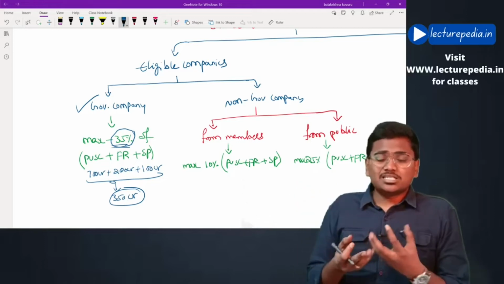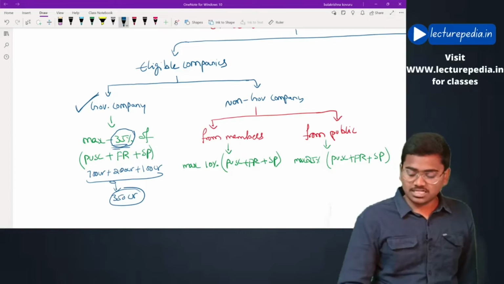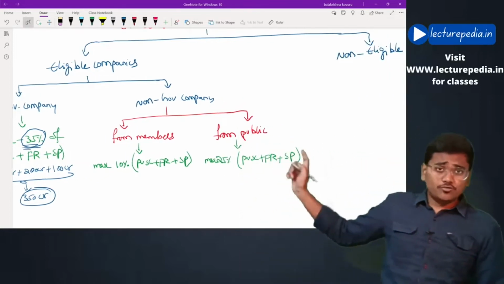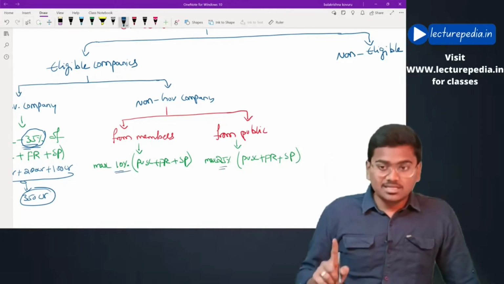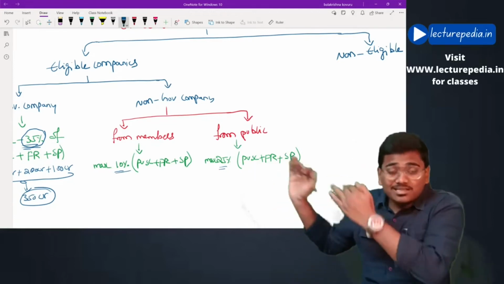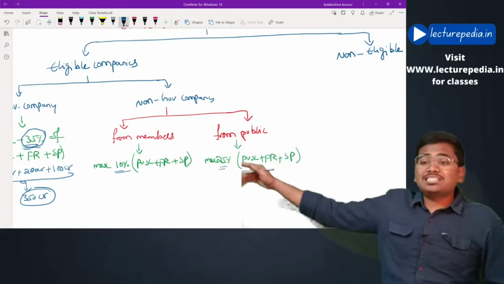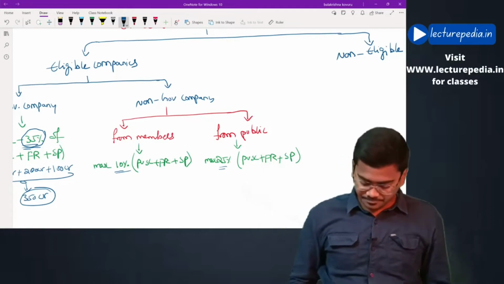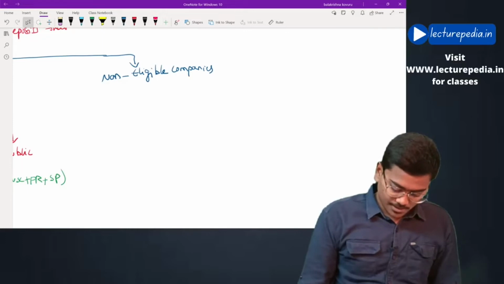There is no bifurcation in case of government companies, for this 35%. Whereas in case of non-government company, if you add up this 10% and 25%, it will be 35% only. But in this 35% again they have given the bifurcation. Maximum 10% from members, maximum 25% from public. Hope this is clear. Next, moving to non-eligible companies.